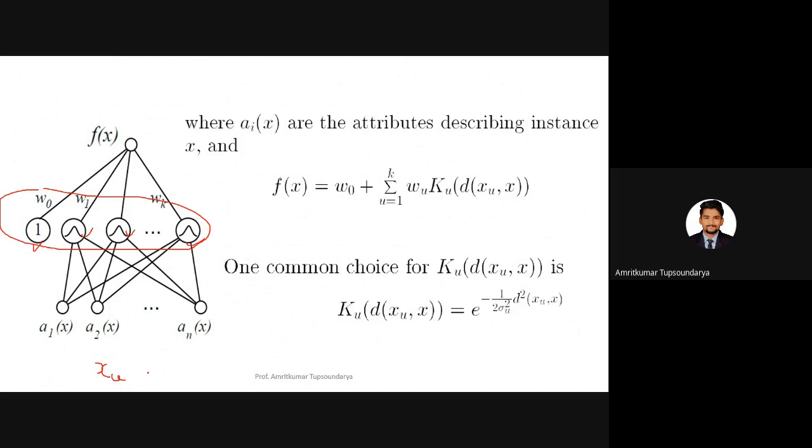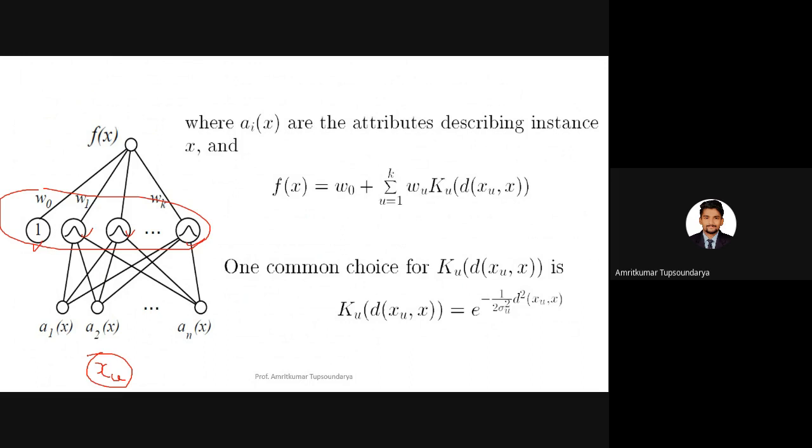So we can say that the activation will be close to zero unless the input x is near to this xu. Near to xu means that the value of xu is close to the value of input x, then we can say that the activation will be nearly zero.